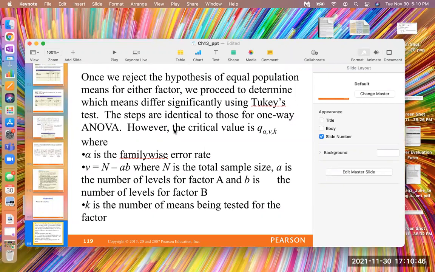So once we reject the equal population means hypothesis for either factor, we proceed to Tukey's test.